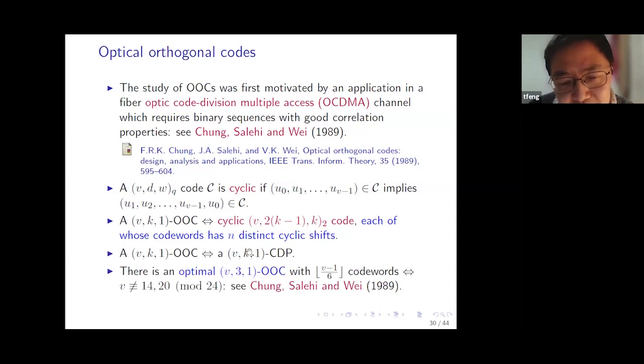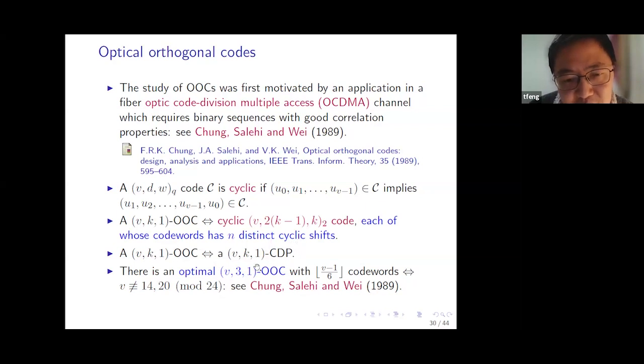When the weight K is 3, in the 1989 paper, they give a direct construction for the optimal (V,3,1) OOC. Optimal means the code attains the largest possible number of code words.